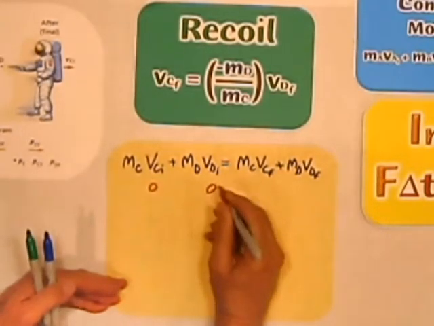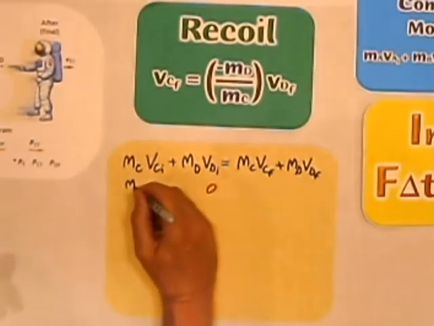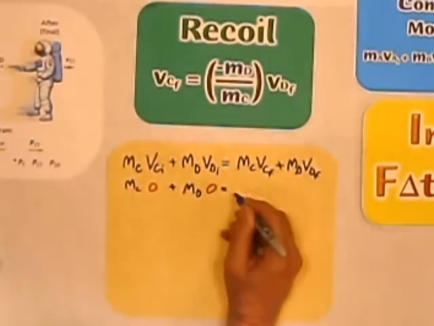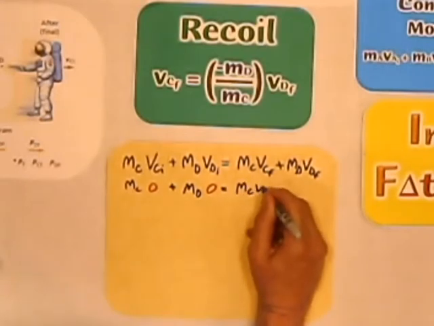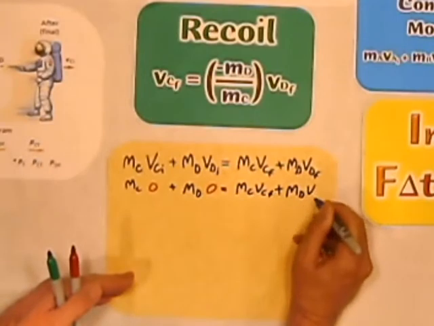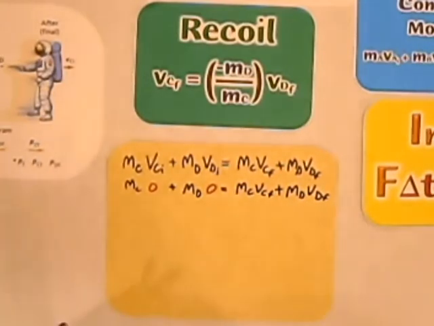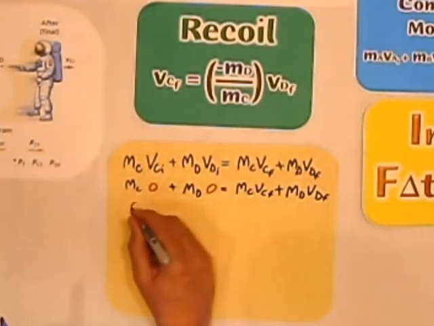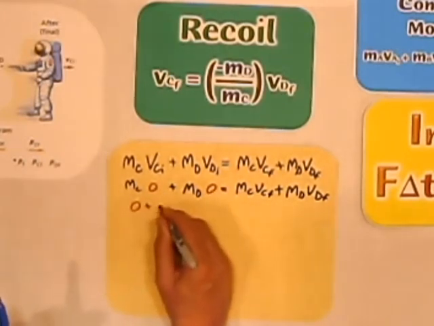Now, the thing about this is that if we put in zero velocity, you're still going to have MC and MD, but they're both going to be multiplied times 0, right? So do you see how, first of all, this side drops to 0? 0 times something is 0, and then this is also 0.